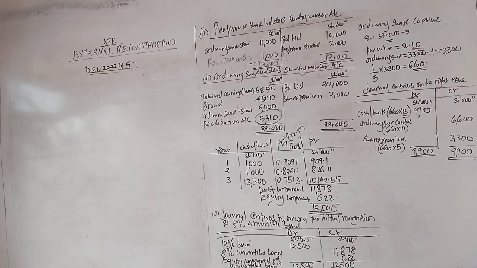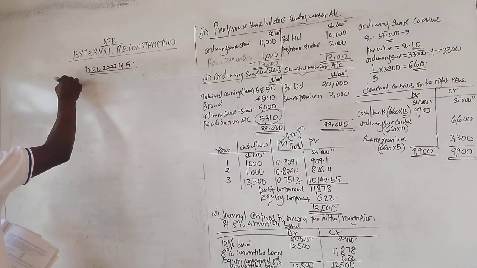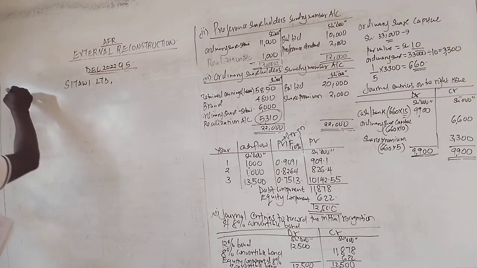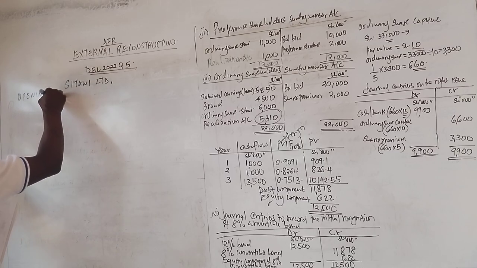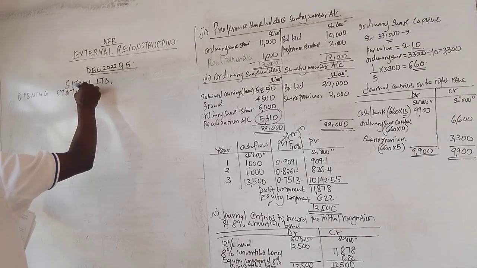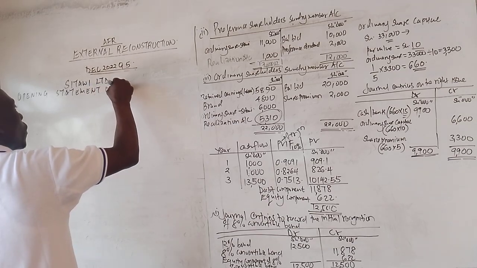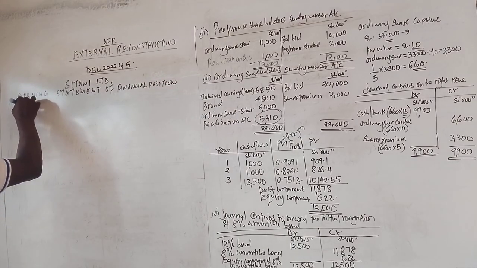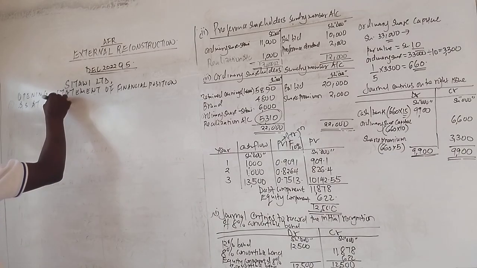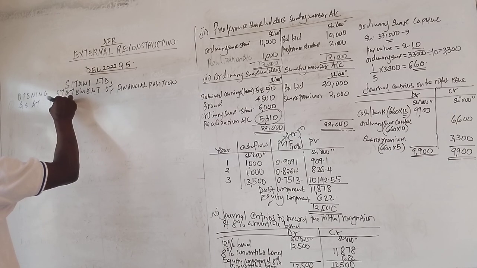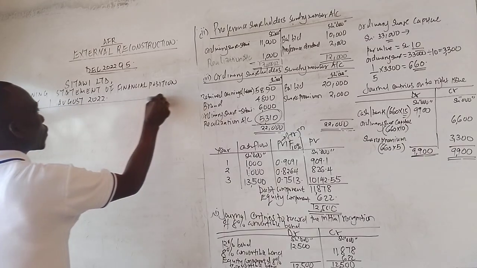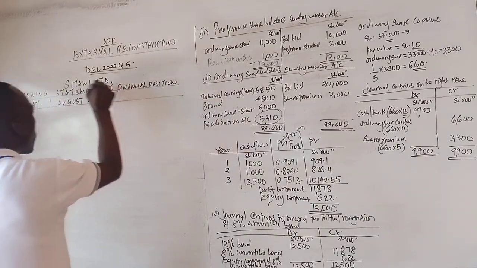The company is known as Stawi Limited. So the heading will be Stawi Limited, Opening statement of financial position as at 1st August 2022.